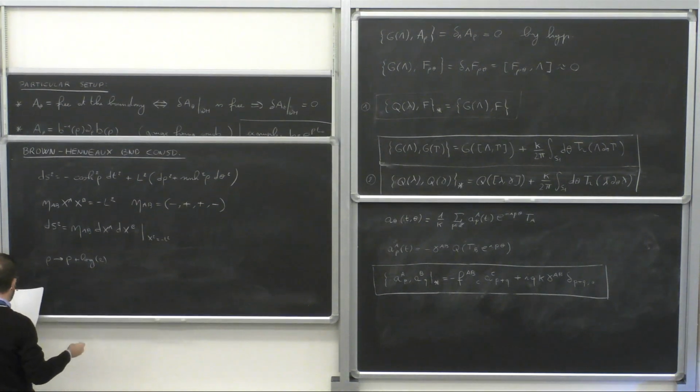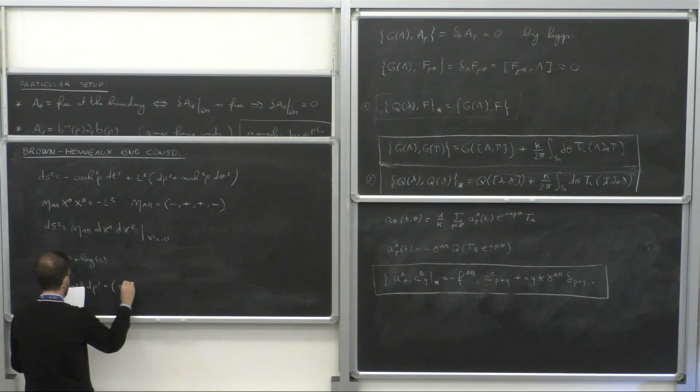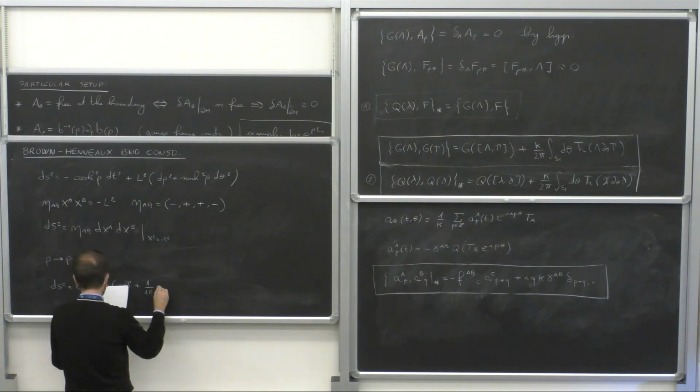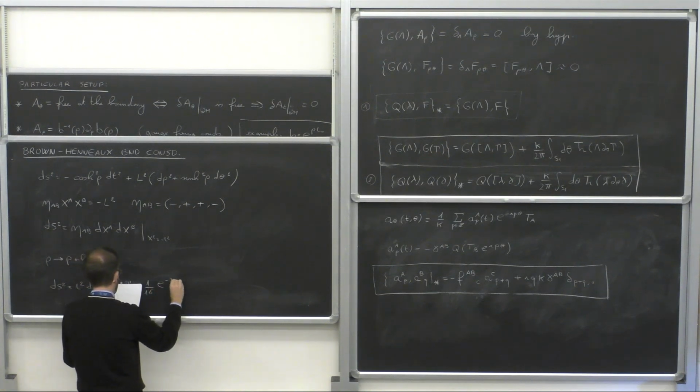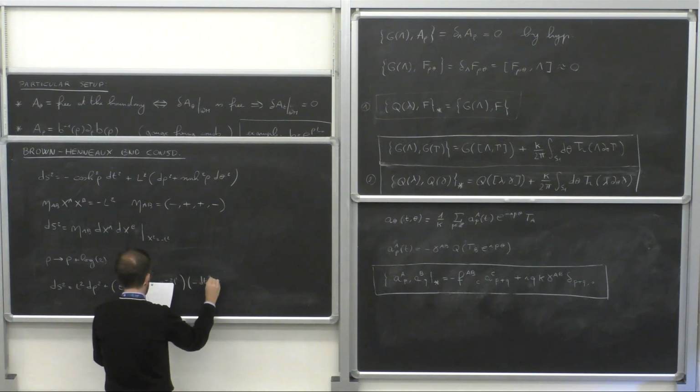And if I do this redefinition, I end up with ds², which is equal to L² d rho² plus e^{2 rho} plus 1/16 e^{-2 rho} minus dt² plus L² d theta².